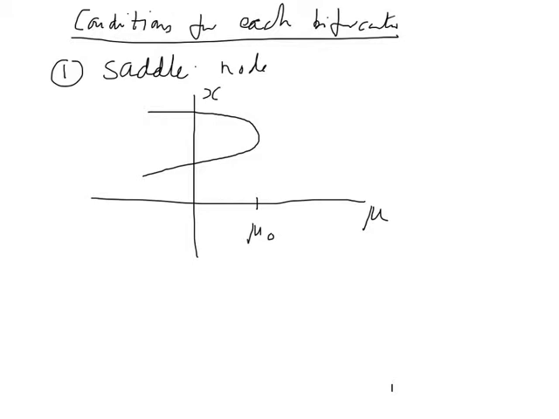So how do you know that this kind of thing is going to happen, or what's going on in terms of the stability? Usually what we would see here is that the curve on the top maybe consists of attracting fixed points, and then the one on the bottom consists of unstable fixed points.